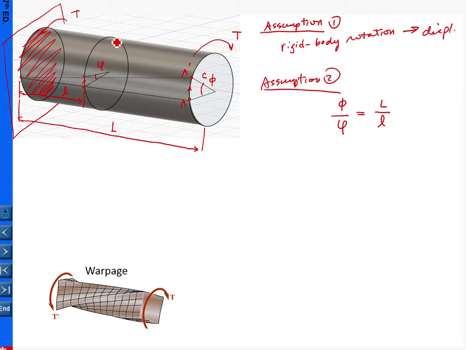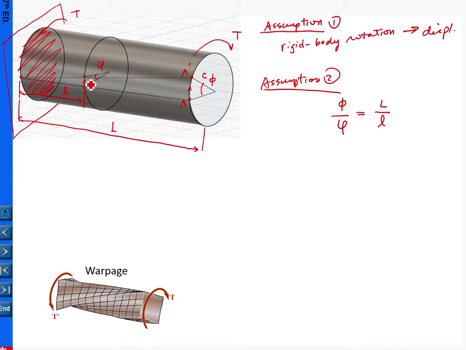Any circular cross section taken from the circular shaft, under the application of the torsion, will undergo rigid body rotation around the center here.